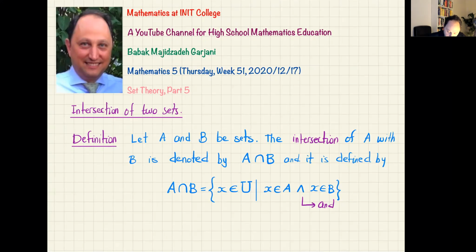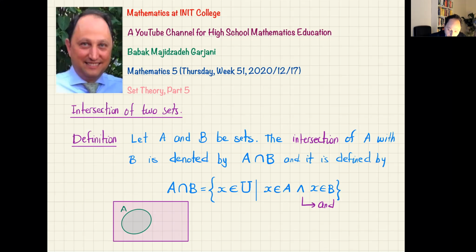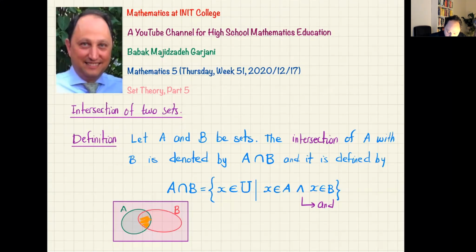For example, if I want to give you a feeling using a Venn diagram, if this is my Venn diagram, and this is one of my sets A, and this is the other set, B, then this part is the union. I don't know if this works in this way. Sorry, this part that you see is the intersection, not union.